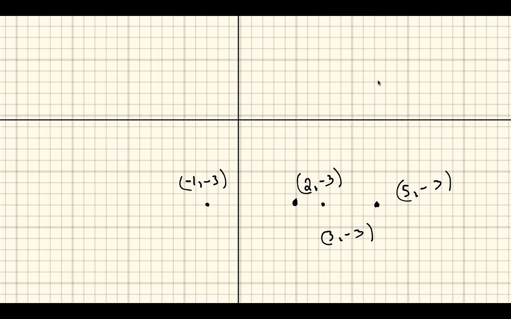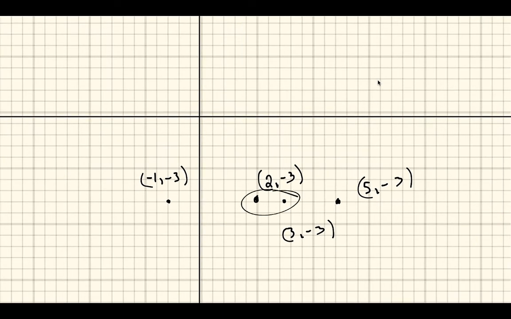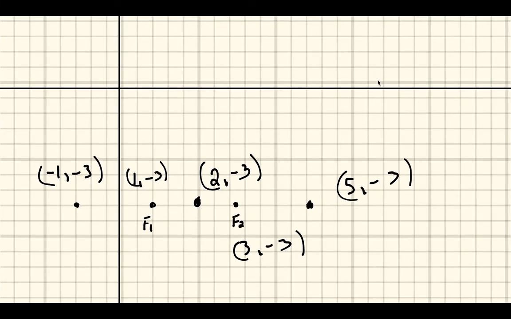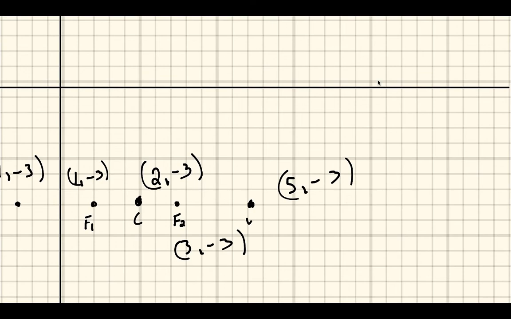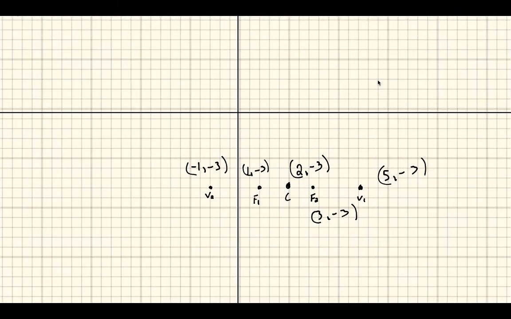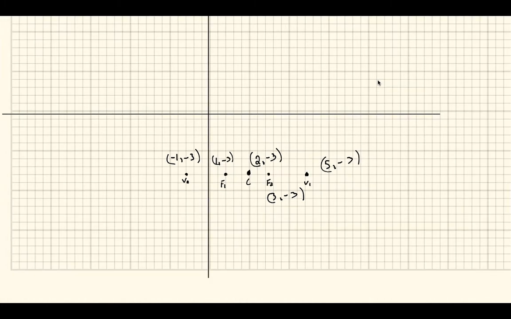Okay, that's my other vertex. And then this focus, that's a distance of 1, so I should go 1 to the other side. And that is (1, -3). So this is F1, F2, we'll call this the center. Here's vertex 1, vertex 2. Okay, so those are my points.